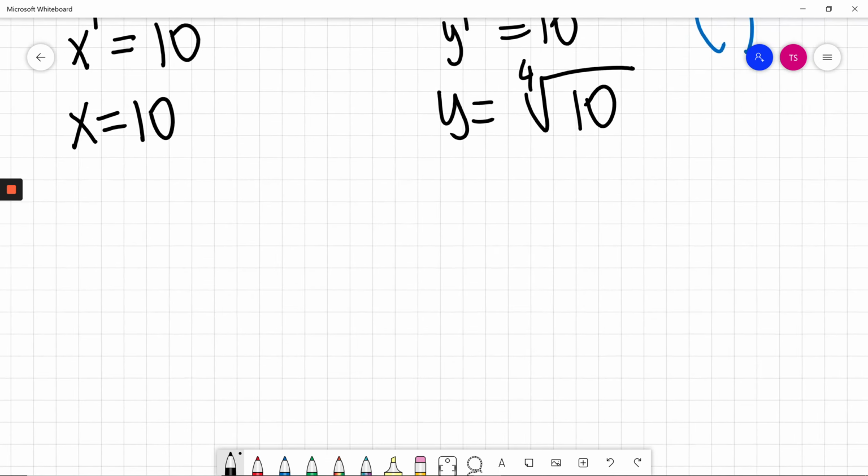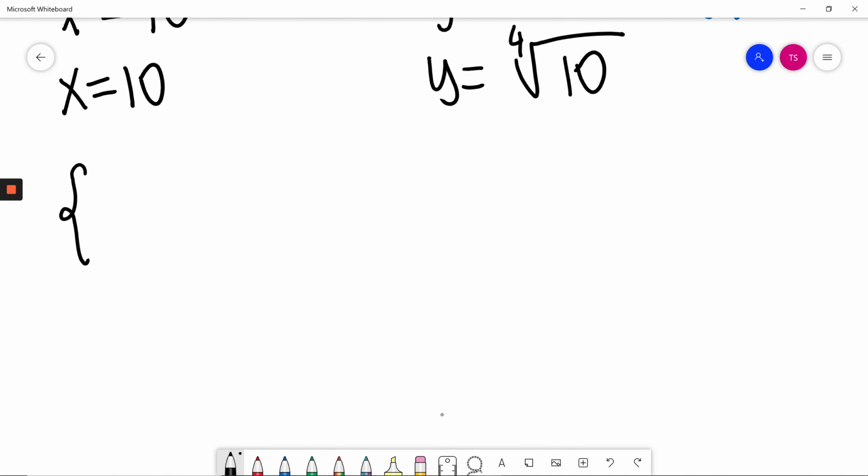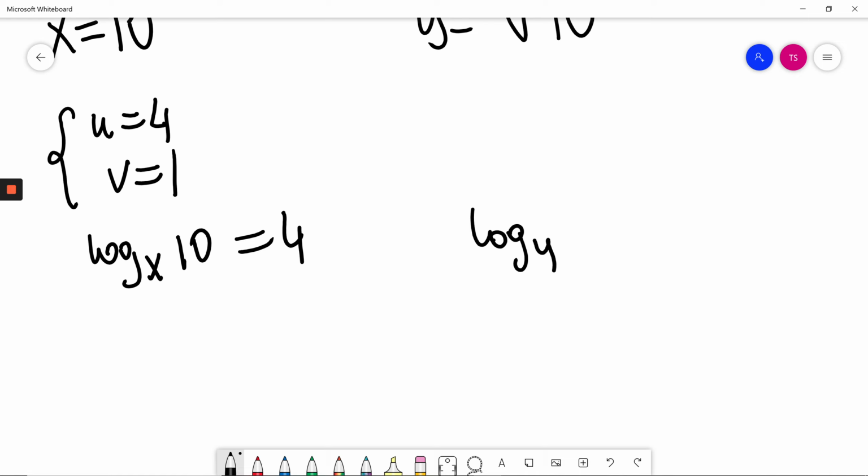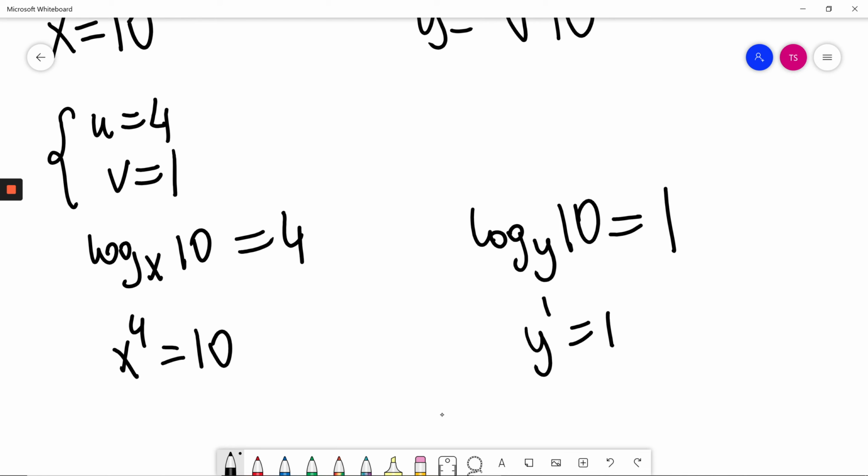Second situation, when u was 4 and v is 1. My u was log with base x of 10, this is 4. My v is 1, so log with base y of 10 is equal to 1. So x to the power of 4 has to be 10, and y to the power of 1 has to be 10.